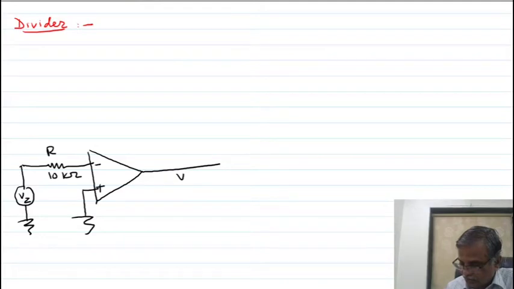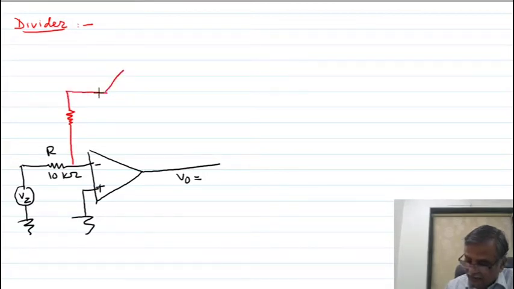I am showing you where my Vx signal is. This is my equation of the output. Here this is your output, and this is your feedback path. In this feedback path I am keeping my multiplier IC.